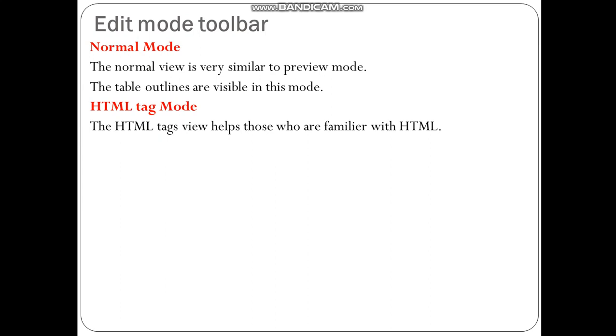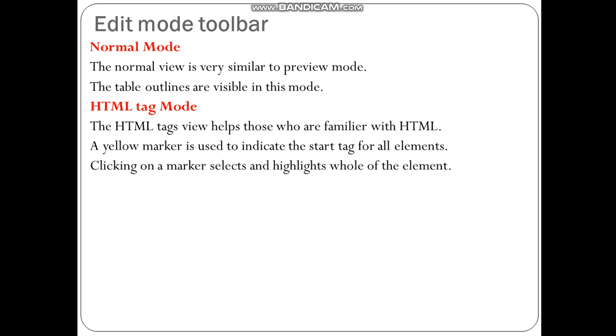So if you know the various tags in HTML and their uses, then you can easily work in HTML tags mode. A yellow marker is used to indicate the start tag for all elements. Clicking on a marker selects and highlights the whole element. So when you click on a particular marker, it shows the starting and ending portion both.